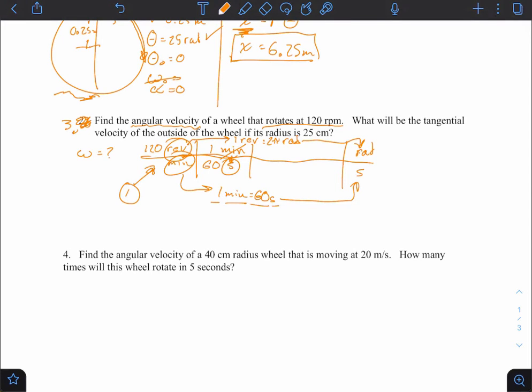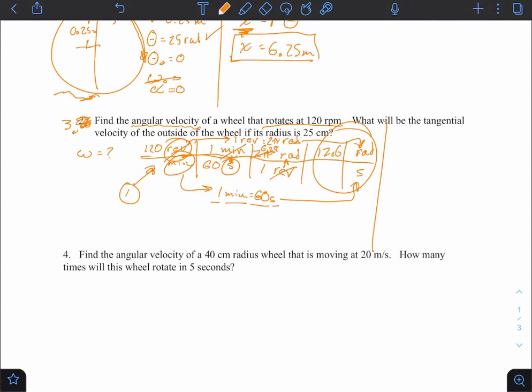But now we have to get rid of revolutions, so rev has to go in the denominator, so they will cancel, and we can go from revs to radians. 1 rev is equal to 2 pi, or if you want, you can just put in 6.28 because that's equal to 2 pi. And that's actually what I'm going to do because I hate pi. So 120 divided by 60 times 6.28 is equal to 12.6 radians per second.